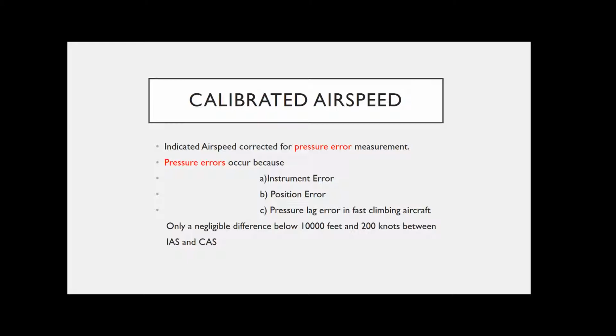This also can't be done. In fast climbing aircraft, there is a pressure lag error. Thus, calibrated airspeed is airspeed that is calculated from indicated airspeed. Below 1,000 feet and 200 knots, the difference between IAS and CAS is negligible.